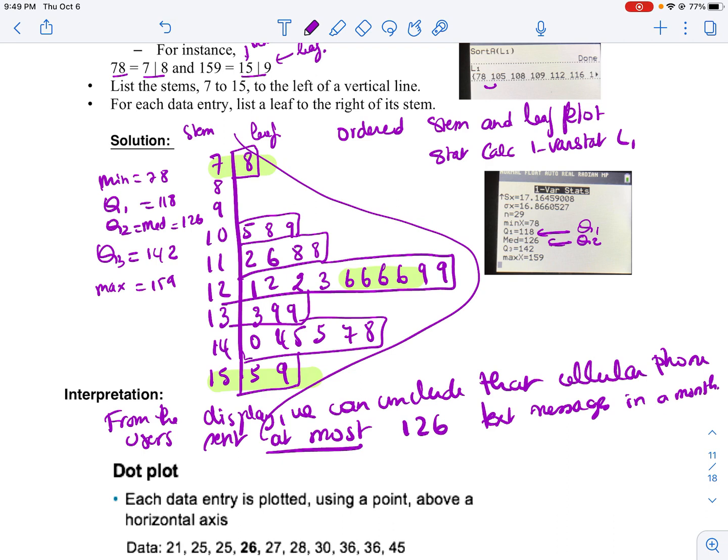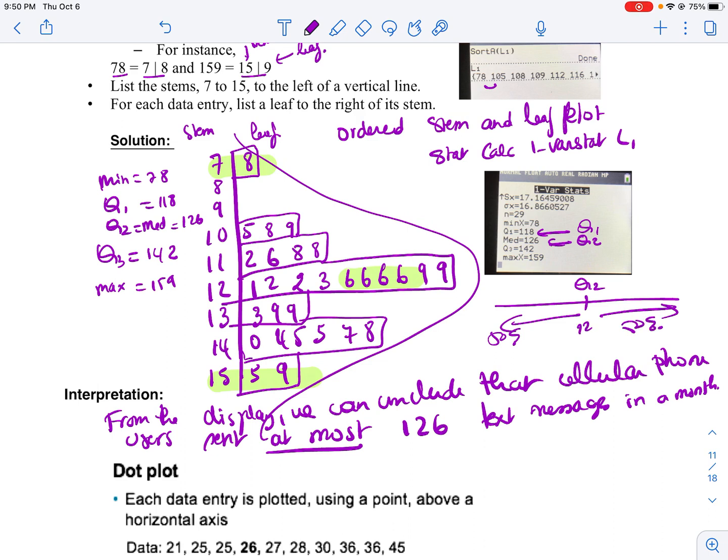You can talk about anything. You could talk about the median. You could say 50% sent less or 126 text messages in a month. So 50%, remember, if this is the median, 50% is on the left, 50% is on the right.